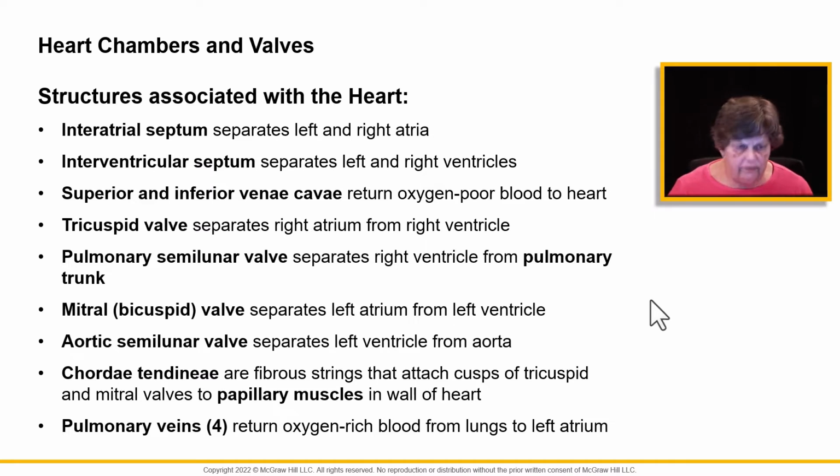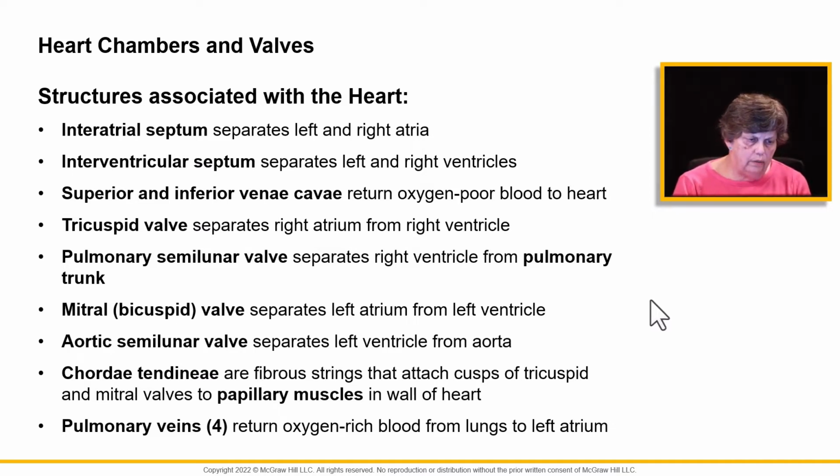That's perfectly fine. We do also have what are called chordae tendineae, heartstrings. These are very fibrous strings that attach to the cusp of the atrioventricular valves, our tricuspid and mitral valve, and attach to papillary muscles that allow us to close those valves.